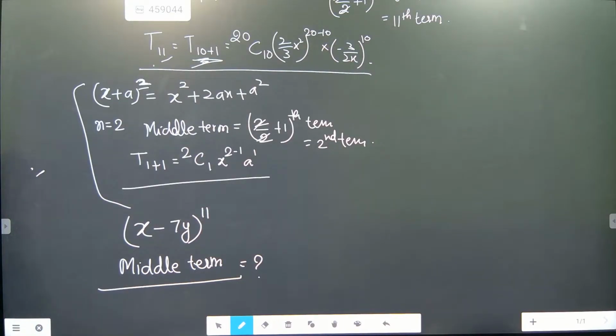Middle term finding is like this only, beta. Try this one out. The concept will become clear. n is odd. Vishika, when n is odd, what are you going to write, beta? n plus 1 by 2 and n plus 3 by 2.